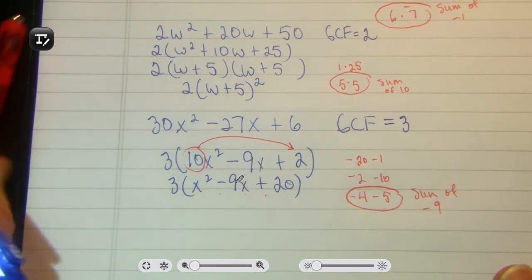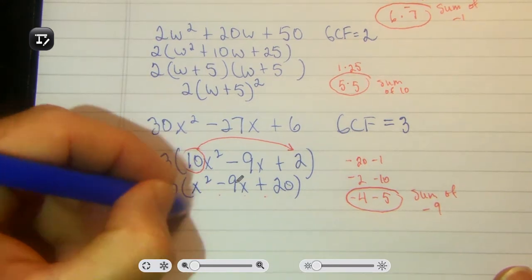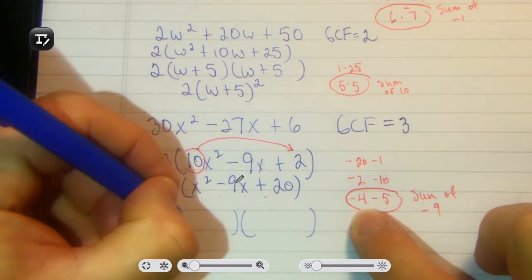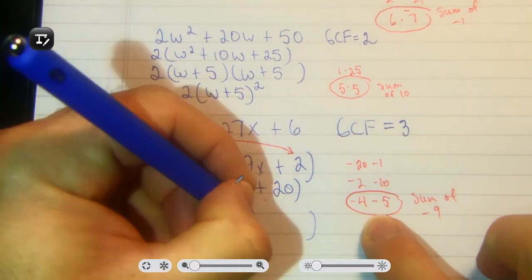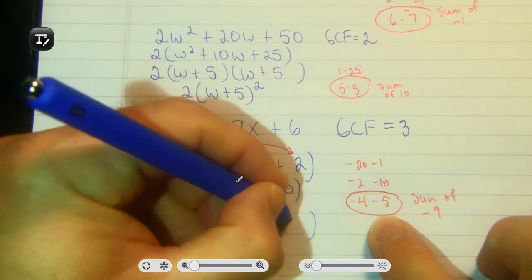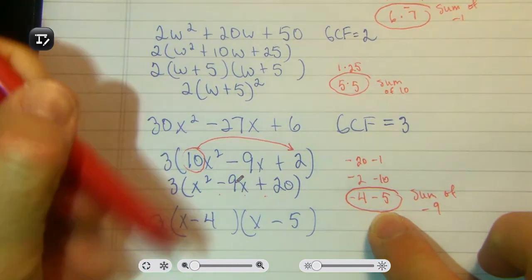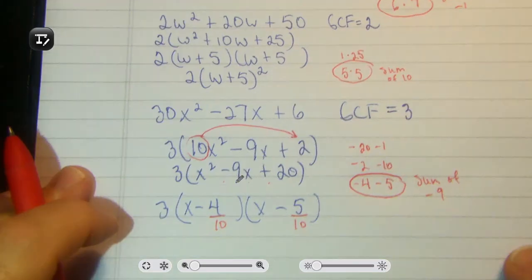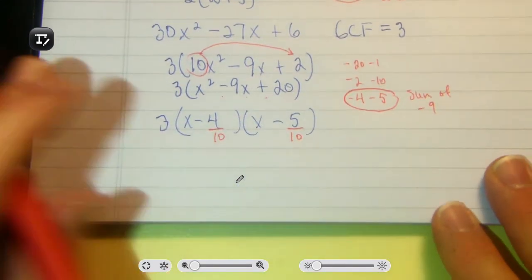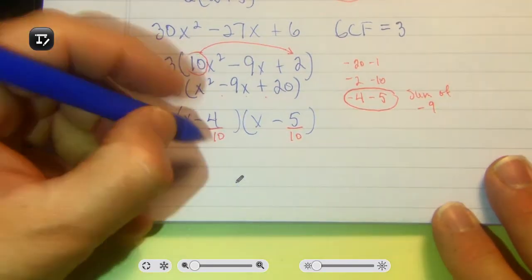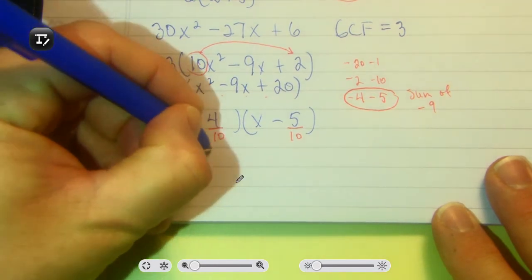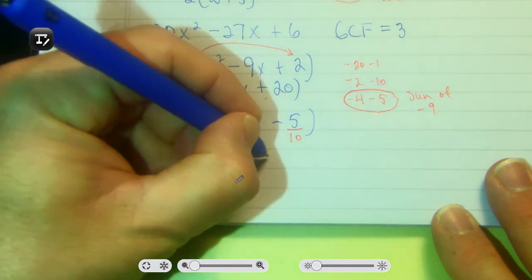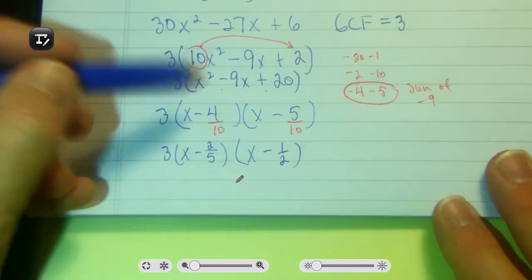So remember how to do the factorization. My factorization is going to be (x minus 4)(x minus 5). Don't forget, because I multiplied by 10, I have to divide by 10 as well. In this case, this is one of those where I must reduce those fractions before I do anything else. So it's (x minus 2/5)(x minus 1/2).